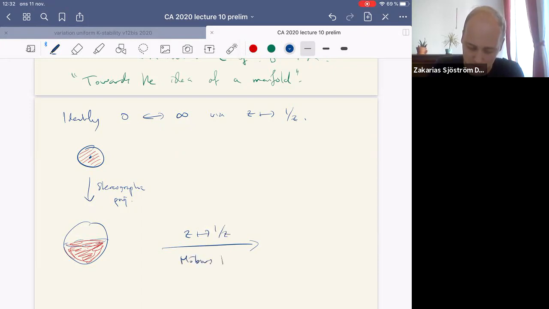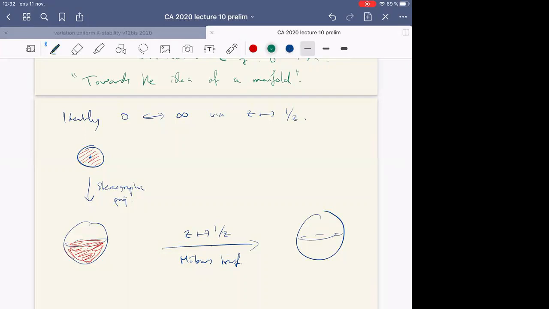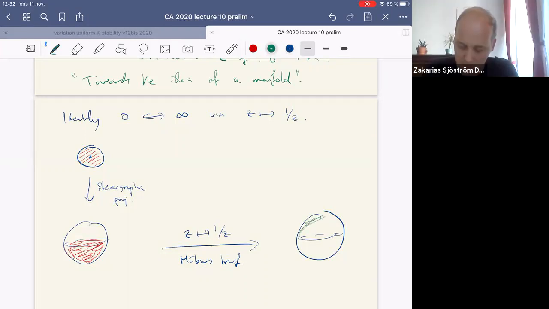So I went to look at this on the Riemann sphere because Möbius transforms are so nice on the Riemann sphere. So then what happens to this set? It's going to be the upper half. Exactly, so it's going to map the southern hemisphere to the northern hemisphere now. Okay, like this.